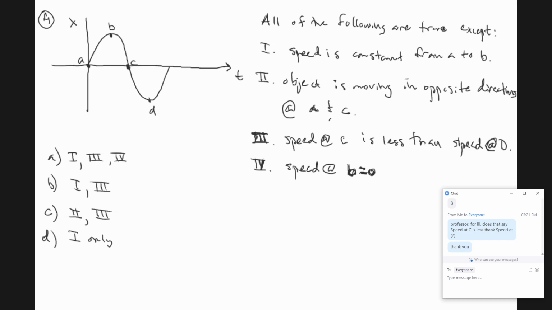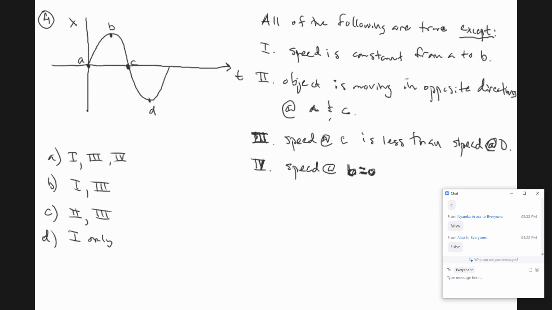Okay, let's take a look. Are we looking for true or false statements? Good. Everyone agrees we're in true except, right? So we're looking for false statements. Let's go through it.